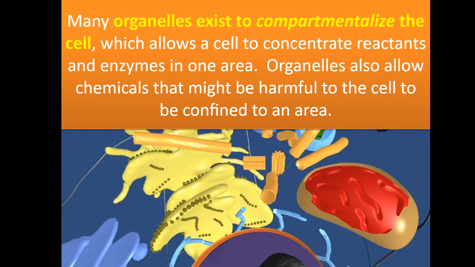We have to have those things separated so we can make that gradient so that it can diffuse, so that it can power the ATP synthase transmembrane proteins in order to generate the sugars in the case of photosynthesis, or the adenosine triphosphates in the case of cellular respiration.